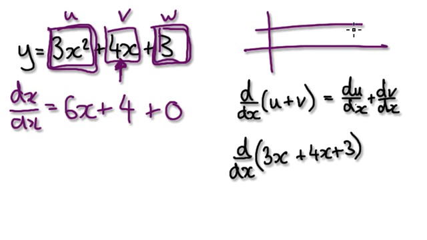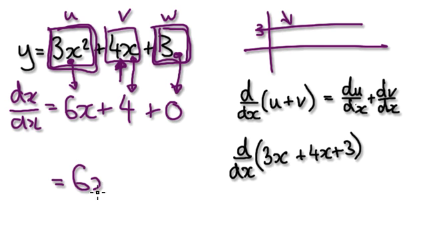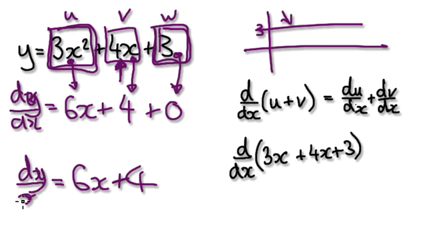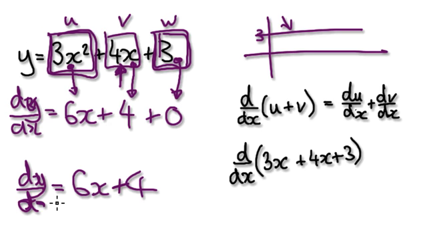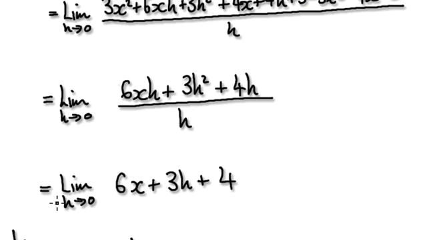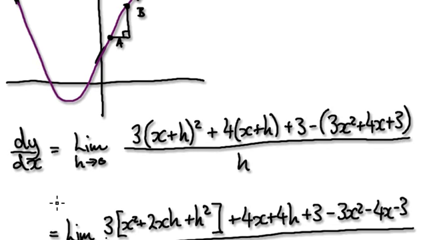If you draw a graph of y equals 3, the gradient of this line is 0. So the gradient of this is 0. The gradient of this is 4. The gradient of this is 6x. So this equals 6x plus 4. So same as earlier, but a lot easier. Oops, this is dy by dx. A lot easier.